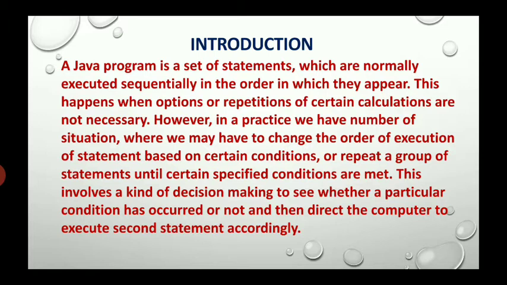So based on certain conditions, if the condition is satisfied, it will display a particular statement, and if the condition is not satisfied, it will display another statement. That means you have to skip the line based on the conditions. So it will not display the result in a sequential format.